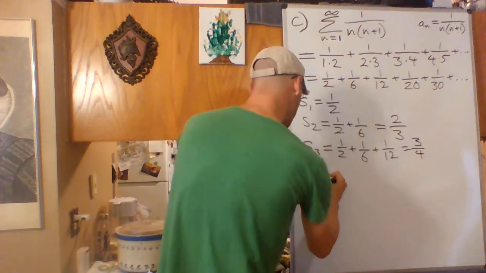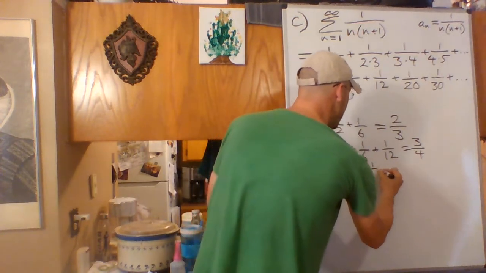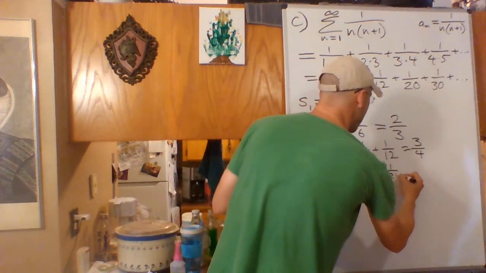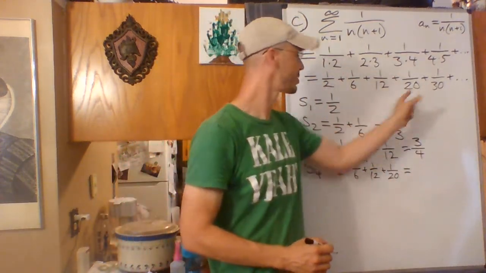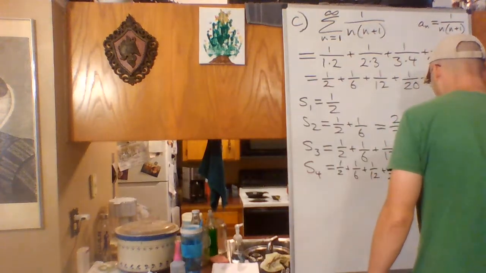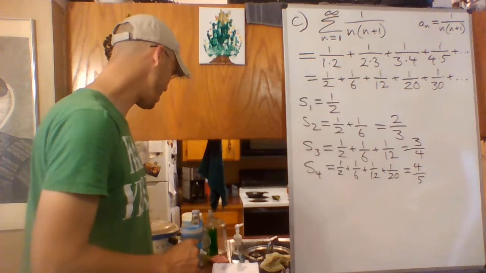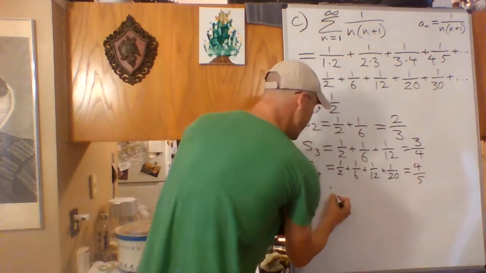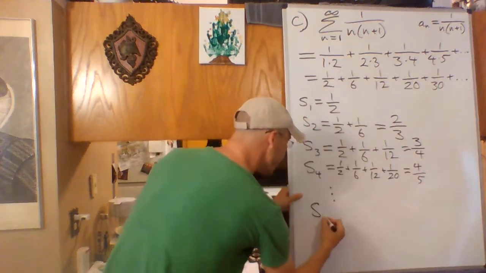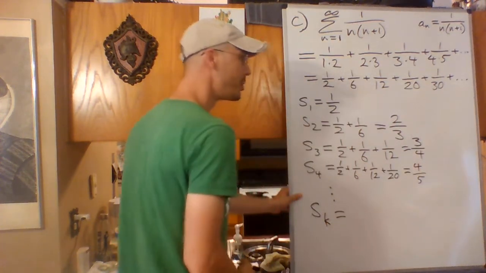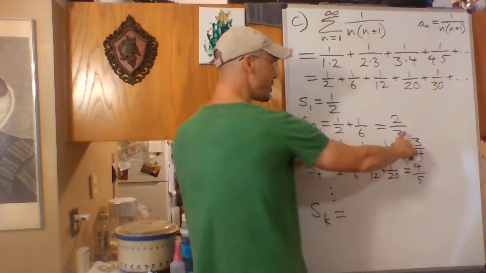Take your time if you want to pause and work this one out. 1/2 plus 1/6 plus 1/12 plus 1/20, that's the first 4 terms of the sequence, is 4/5. And with that, you might be able to spot the pattern. What's going on with these is when I add those fractions and simplify, I get, for the kth partial sum, notice where these k values match, or where the index values match.